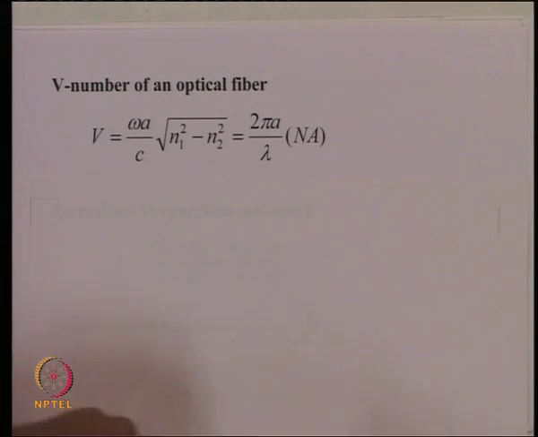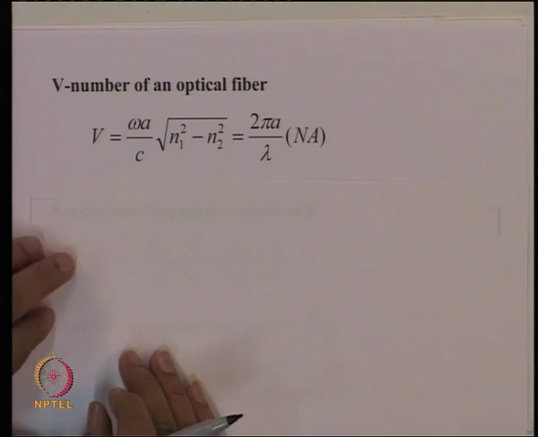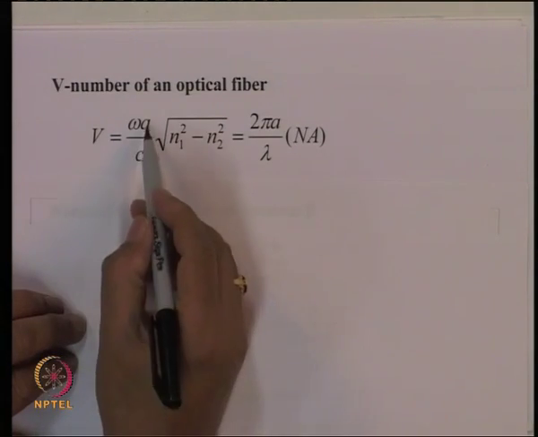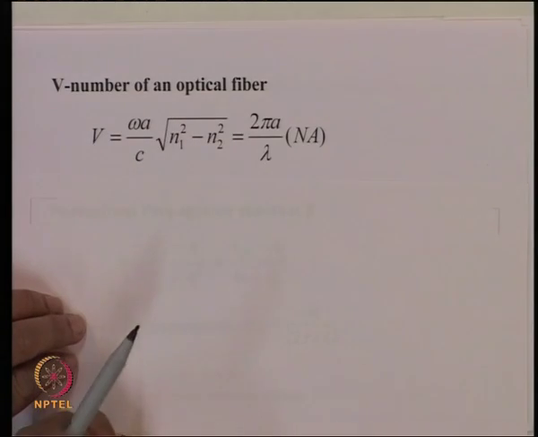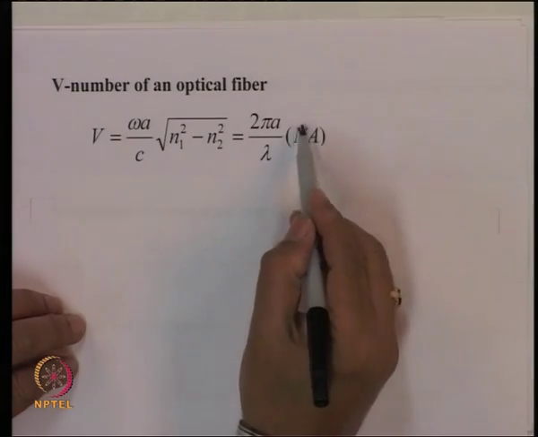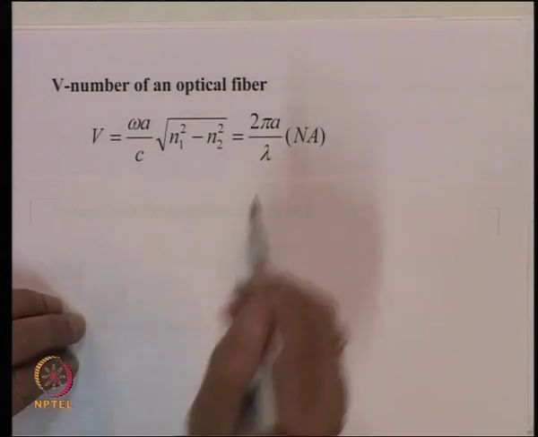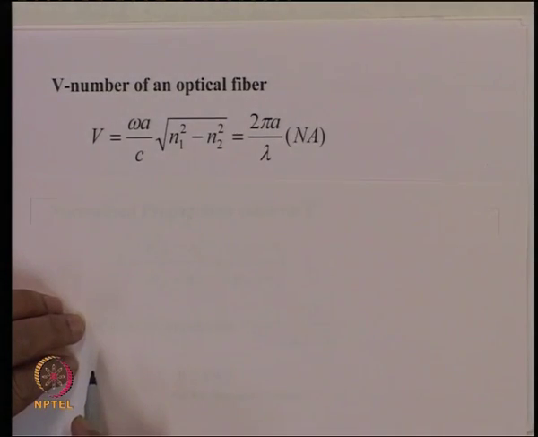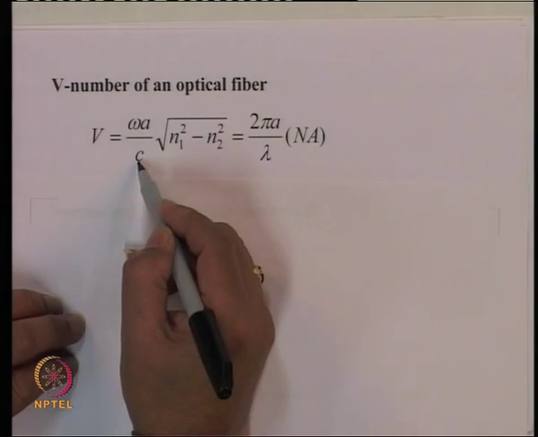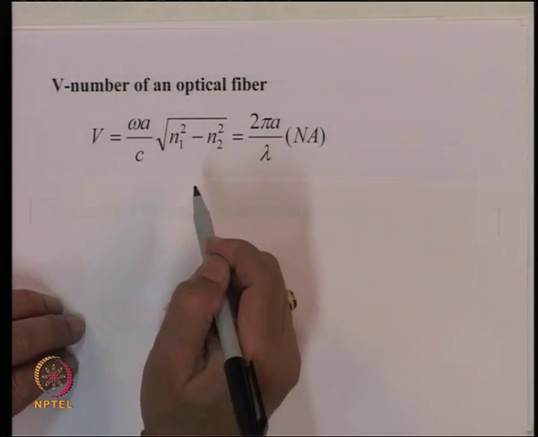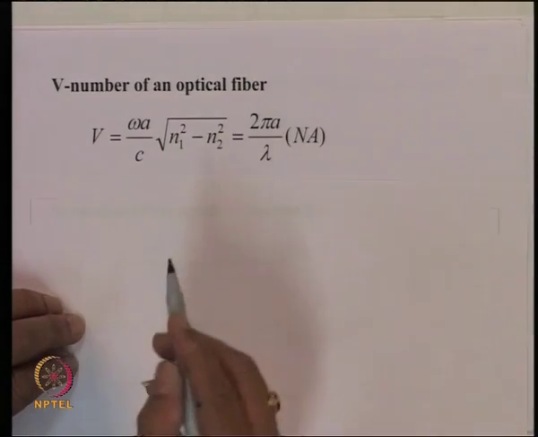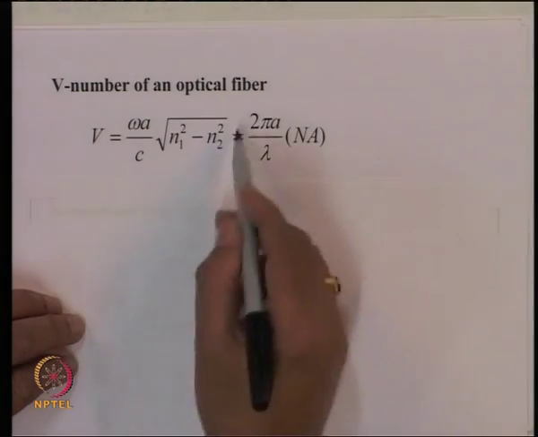The V number is a more comprehensive parameter for the optical fiber because it has its radius included, it also has the numerical aperture included, and the radius is normalized with respect to the wavelength. Since omega is 2 pi into frequency, c upon frequency will be lambda, so you get a V number which is essentially given by this.